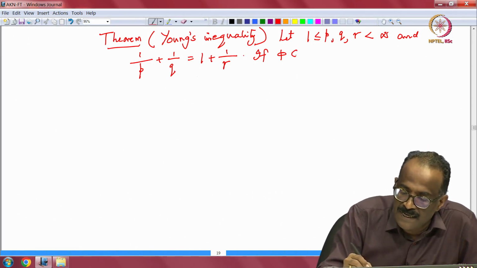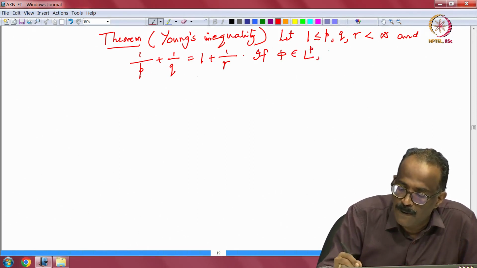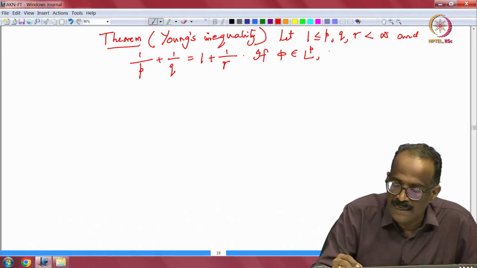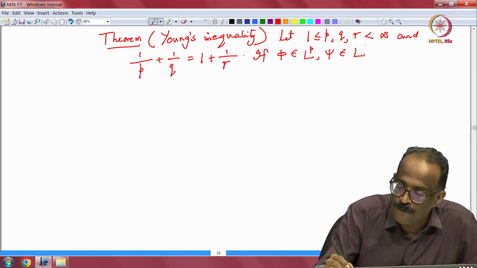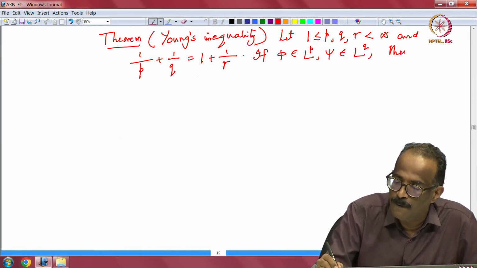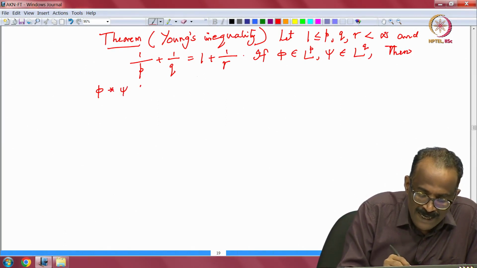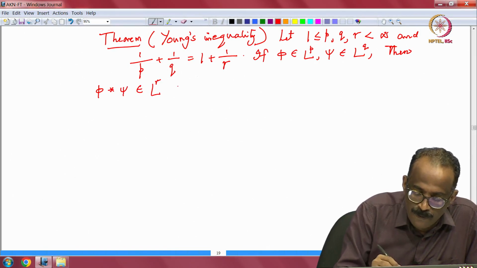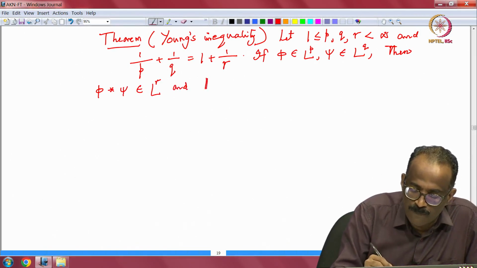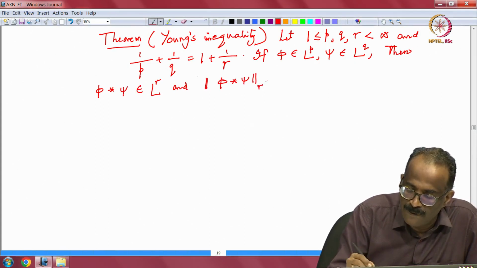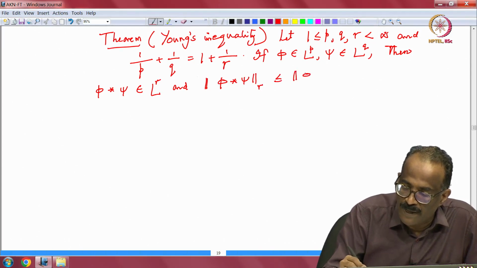If phi is in LP, psi is in LQ, then phi star psi is in LR, and norm of phi star psi in LR is less than or equal to norm phi in LP times norm psi in LQ.